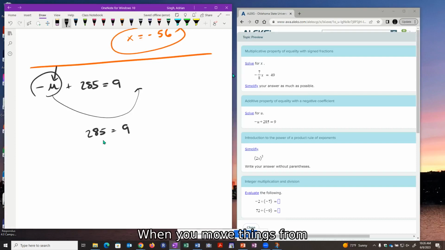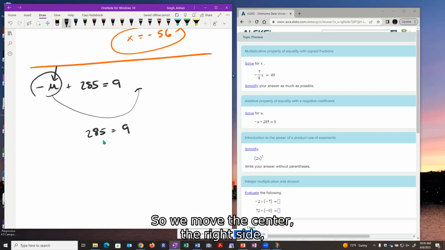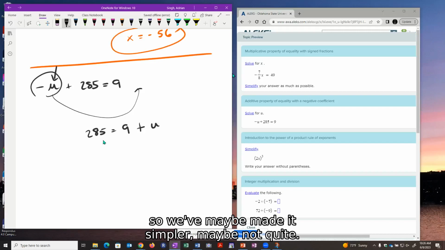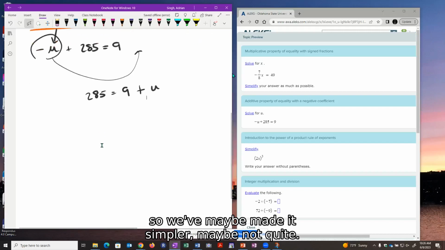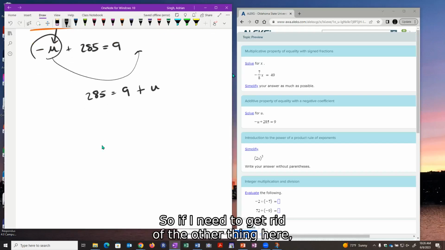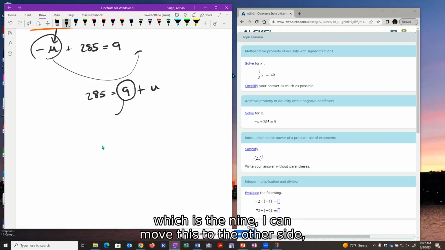When you move things from one side of the equation to the other, you need to change the sign. So we move this to the right side, and this becomes plus u. We've maybe made it simpler, but maybe not quite. We still need to get u on this one side. To get rid of the 9, I can move it to the other side.